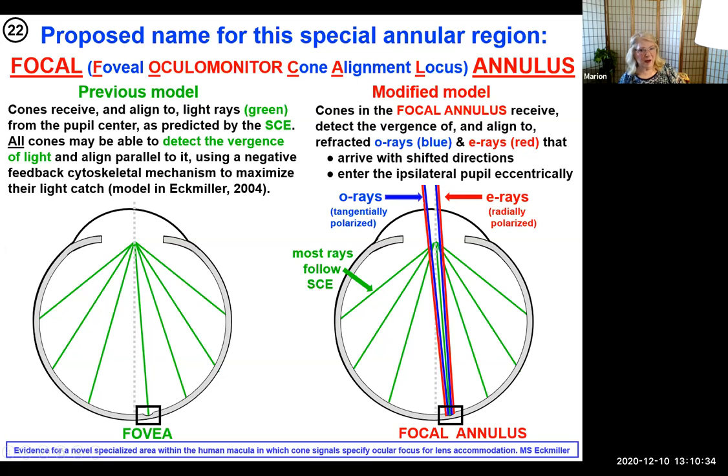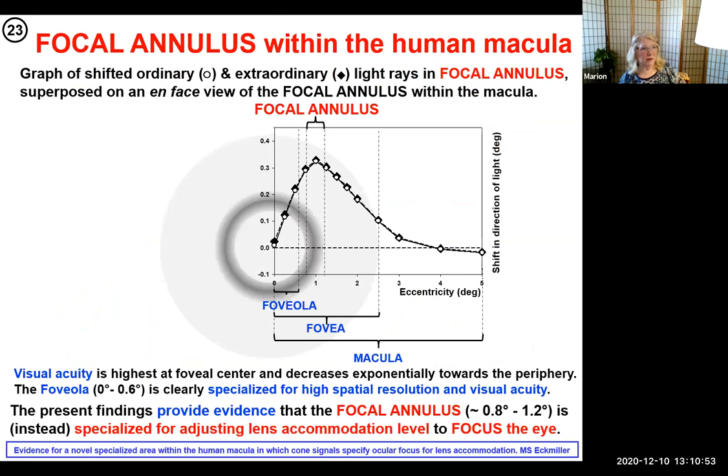This is quite different from what one has so far thought. But by doing this, these cones, having this shifted alignment direction, can use the Scheiner principle, and they will know the best focus level for them at their location in the fovea.